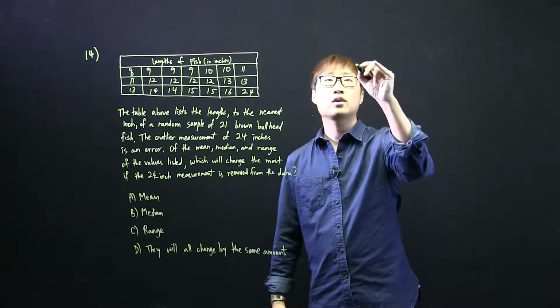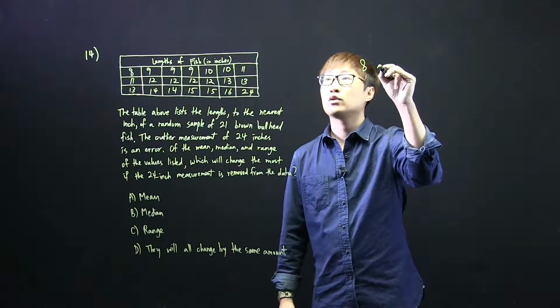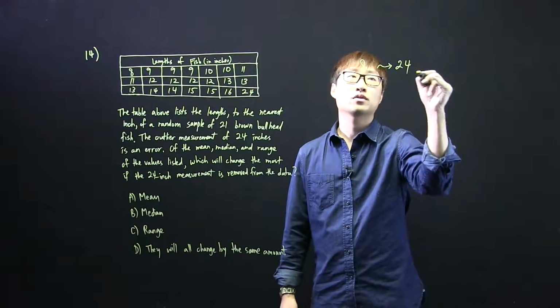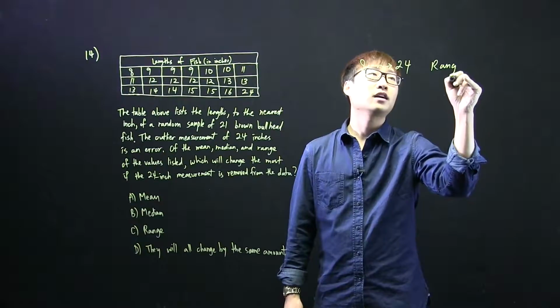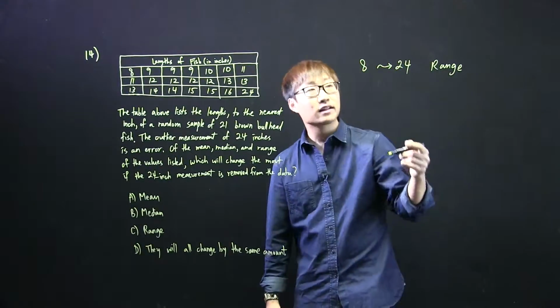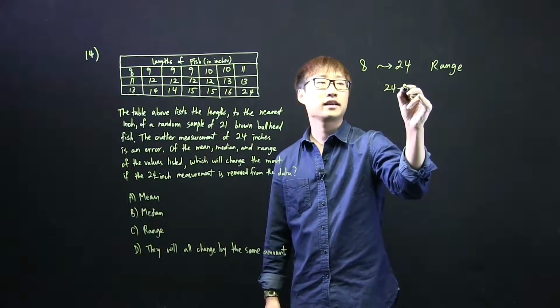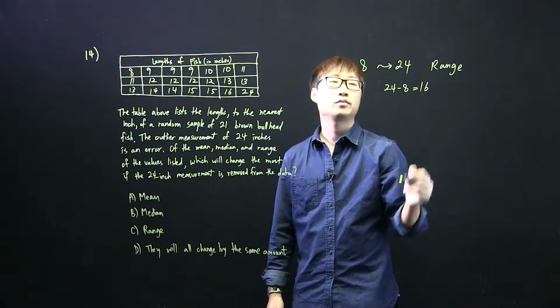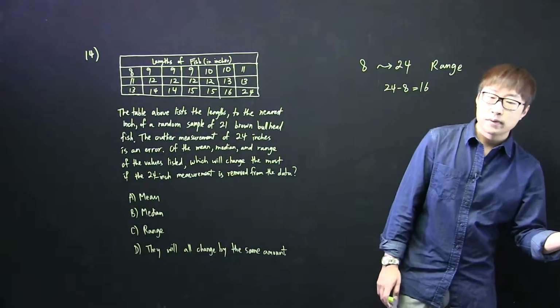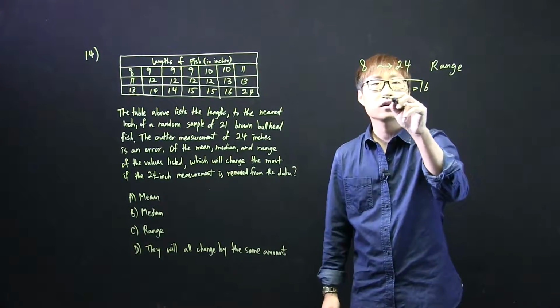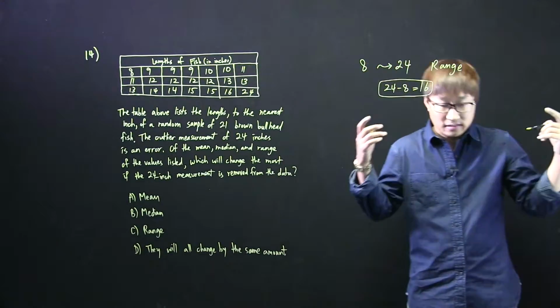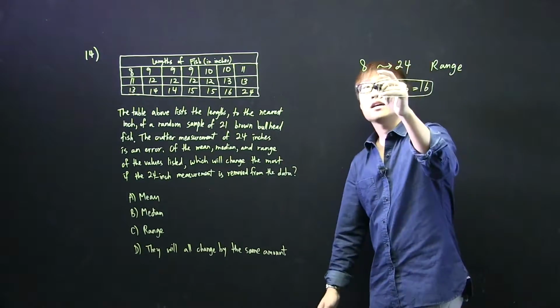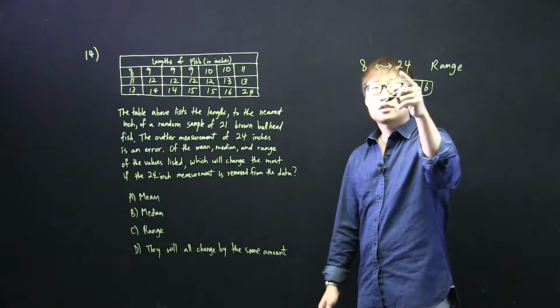Range is pretty simple. It goes from 8 all the way to 24. To be more specific, mathematically, range is 24 minus 8, so 16 would be your range. But you don't really have to know this part. Logically speaking, it's from 8 to 24.